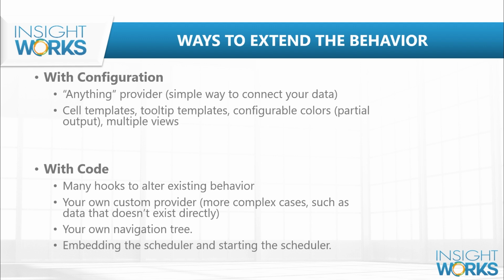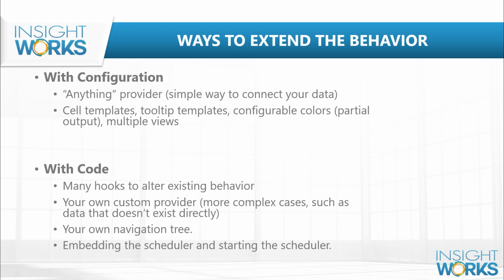Now, if you want to extend it, you can, and you can extend it with code. So we've got a large variety of hooks that allow you to alter the existing behavior. You can also provide your own custom provider completely for very complex data, or for data that doesn't necessarily actually exist in a table form.